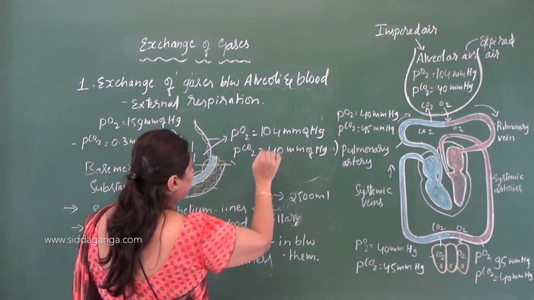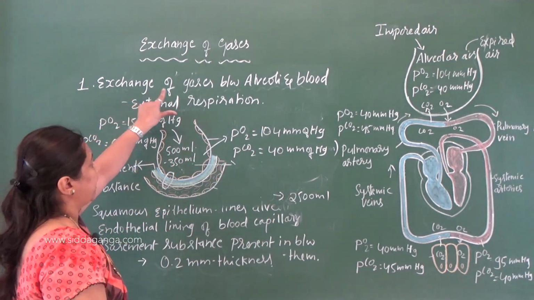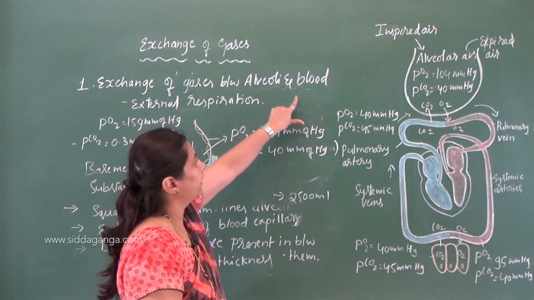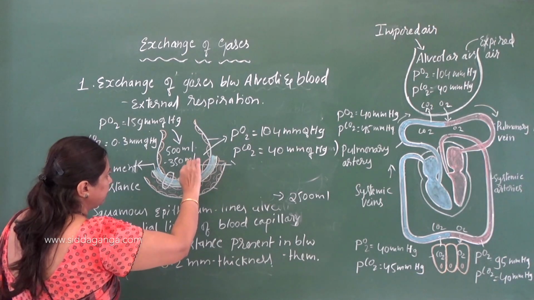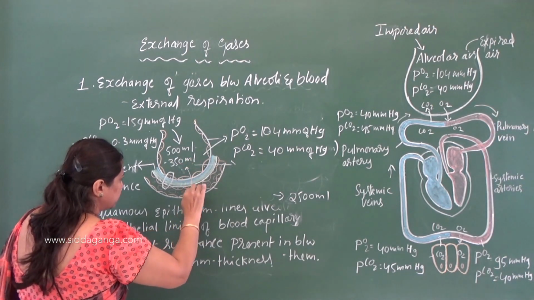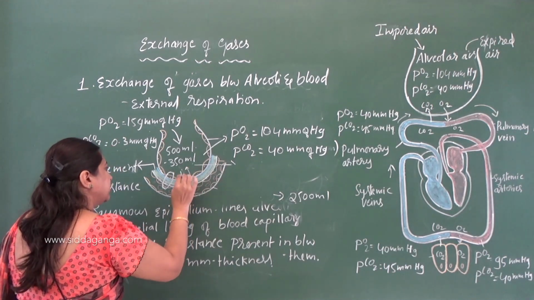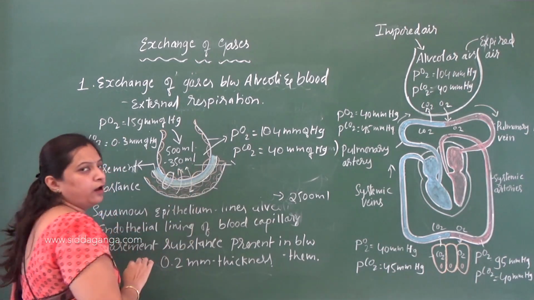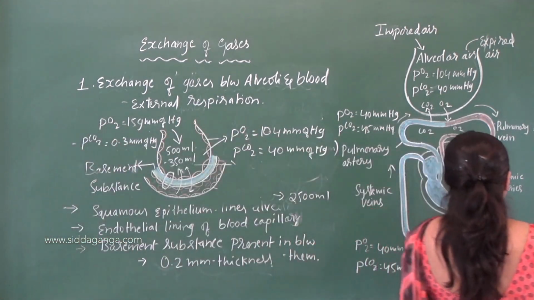Let us explain the exchange of gases between the alveoli and the blood: how oxygen from the alveoli diffuses into the blood, and how carbon dioxide from the blood diffuses into the alveoli. See this diagram.